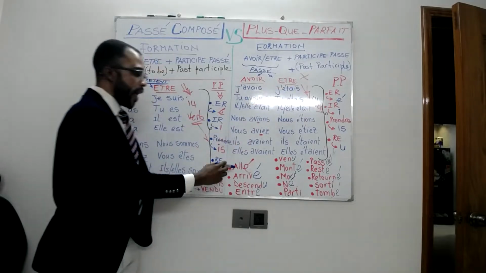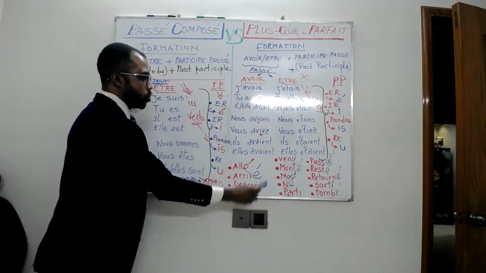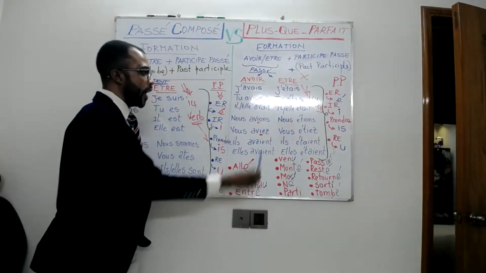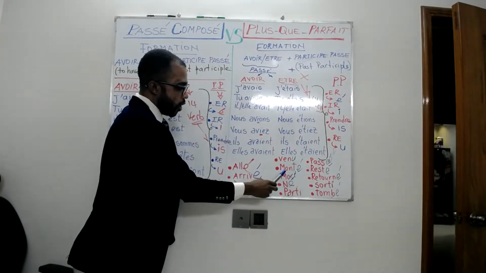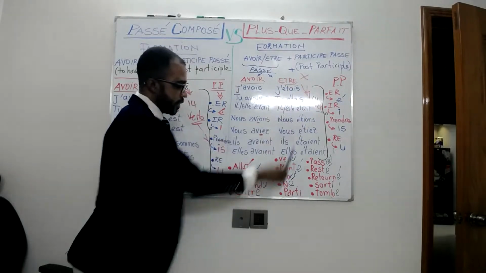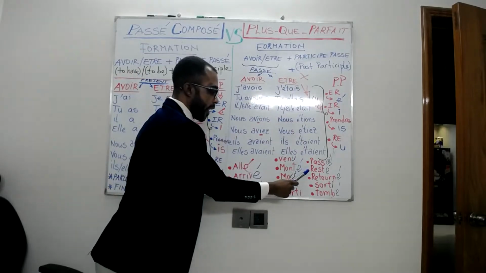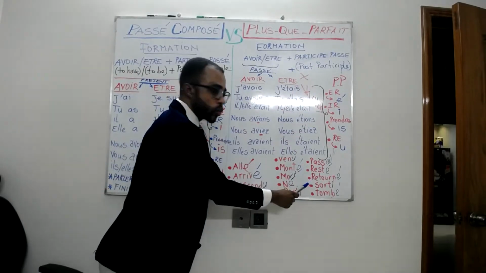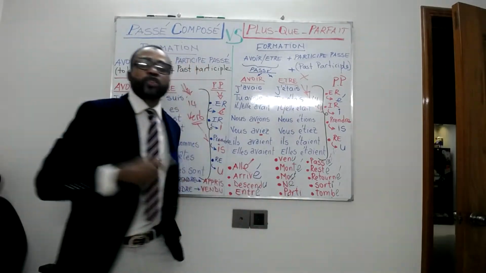Or, j'étais allé, j'étais arrivé, j'étais descendu, j'étais entré, j'étais venu, j'étais mort, j'étais monté, j'étais né, j'étais parti, j'étais passé, j'étais resté, j'étais retourné, j'étais sorti, j'étais tombé.